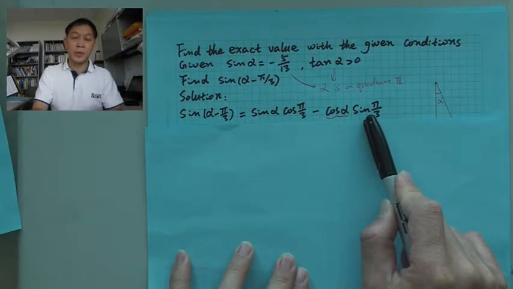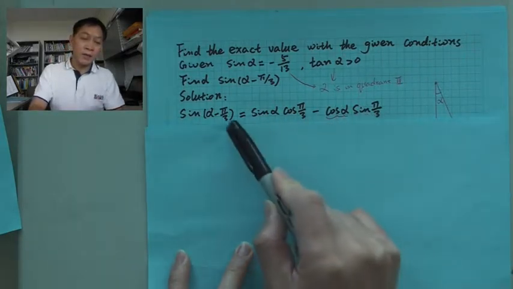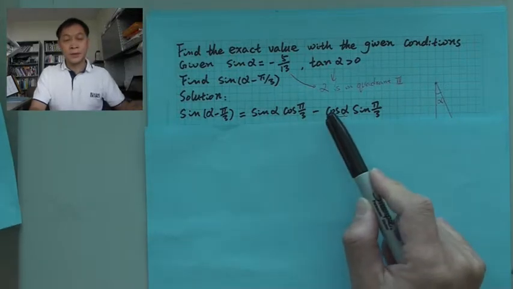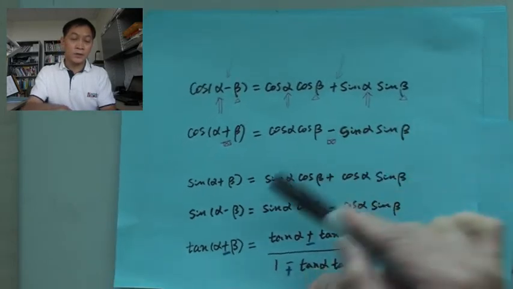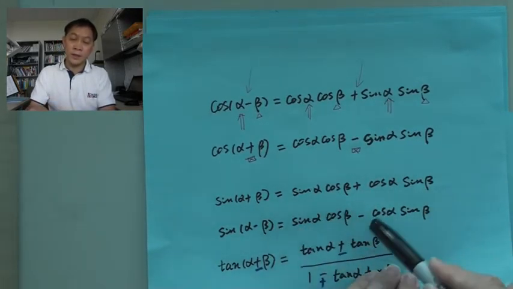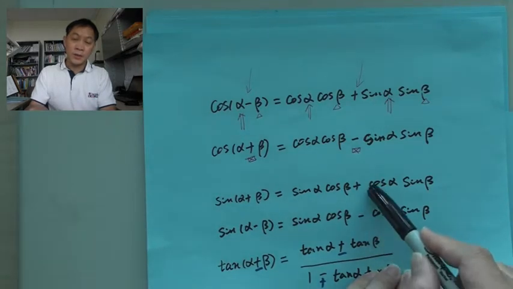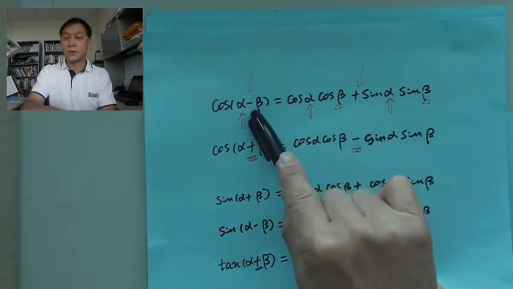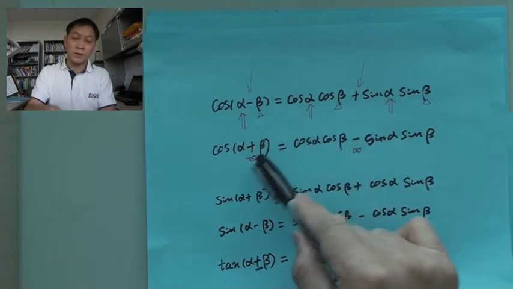That's based on the formula. So you have a negative here, you have a negative here. That's for sine. If you have a positive, then positive. If you have a negative, then negative. Those two are different from cosine. They are opposite. Cosine is negative, positive, positive, negative.